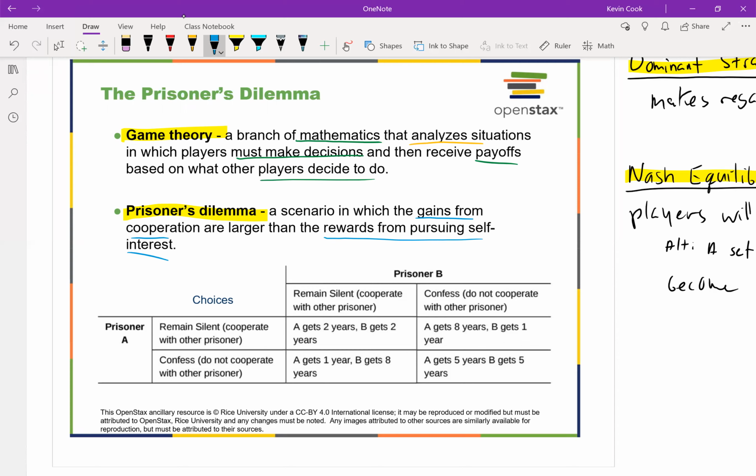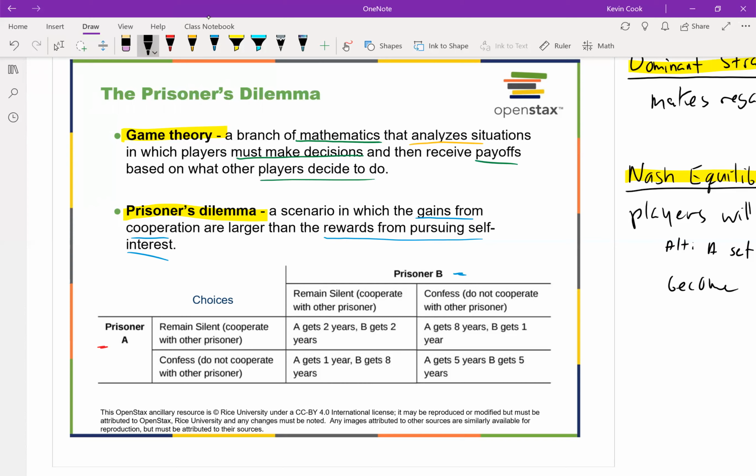In the example here, ideally we both want to remain silent, but it's going to be hard to do because if we pursue our self-interest, as individuals we'll become better off regardless of what the other player does. To analyze this, suppose that we have prisoner A and prisoner B.